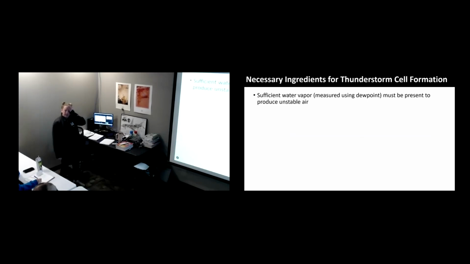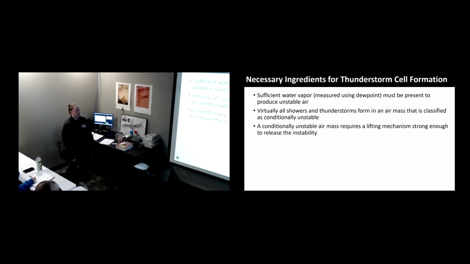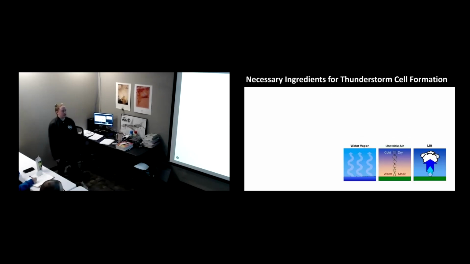There are some ingredients. You need water vapor. Virtually all showers and thunderstorms are classified as unstable, so you have to have unstable air. And you need a lifting mechanism. So we have water vapor, unstable air, and lift. Write that down. We'll take a picture.